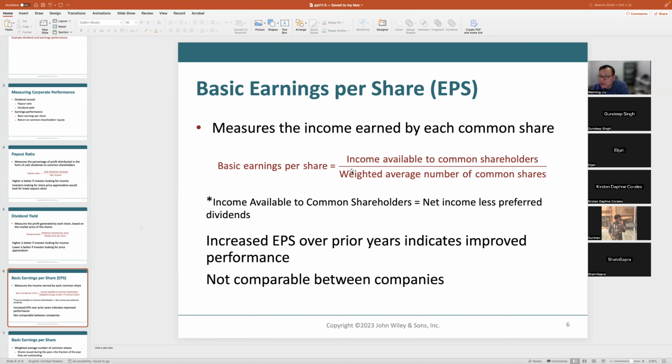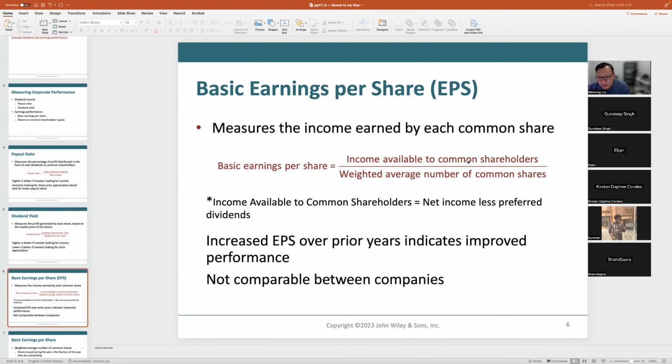Again, the calculation is a division. The numerator is the income available to common shareholders. You may remember income is also available to preferred shareholders, but here the definition has nothing to do with preferred shares. It's only relevant to the common shareholders.